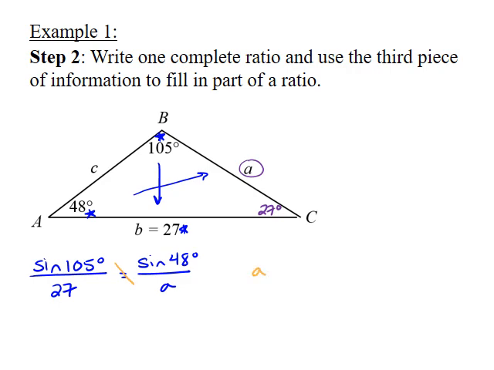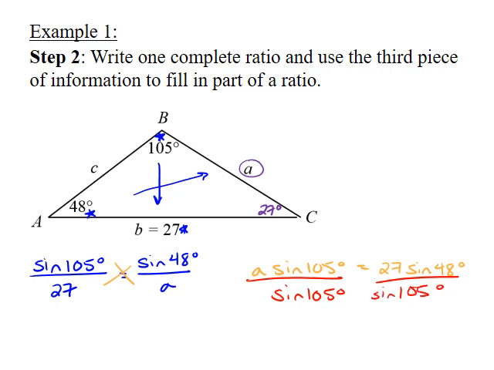So A times sine of 105 degrees is equal to 27 times sine of 48 degrees. Then I'll divide by sine of 105 degrees. And plug this into my calculator.